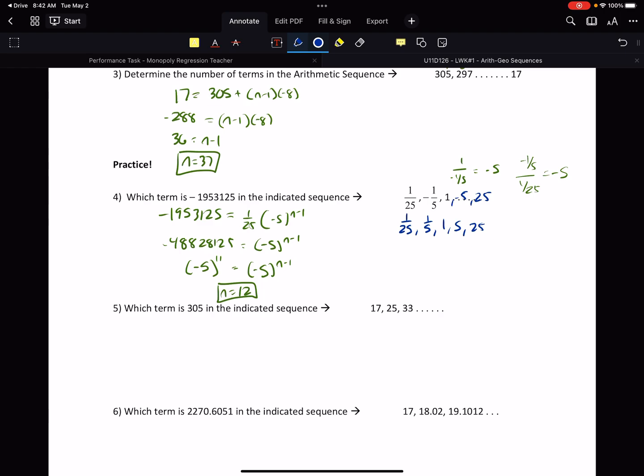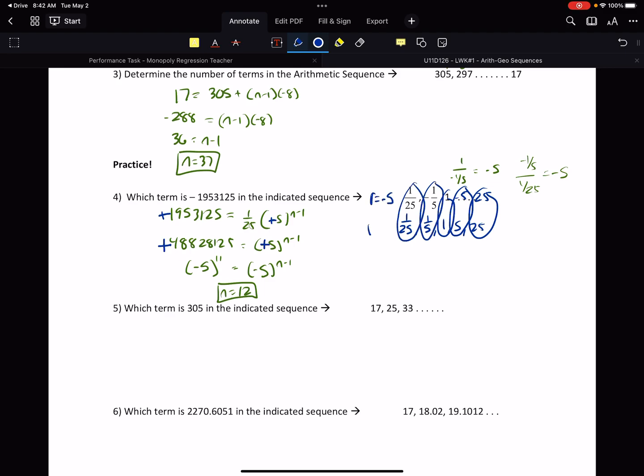So being that the numbers are in the same spot, whether they're positive or negative, if we wanted to at this moment, we could just kind of pretend. I'm going to pretend r is 5. I'm going to pretend that my number is positive. All right, so we could pretend it's positive because, as we see, 25 and 25 are in the same spot. 5 and negative 5, 1 and 1, negative 1/5 and 1/5, 1 over 25.